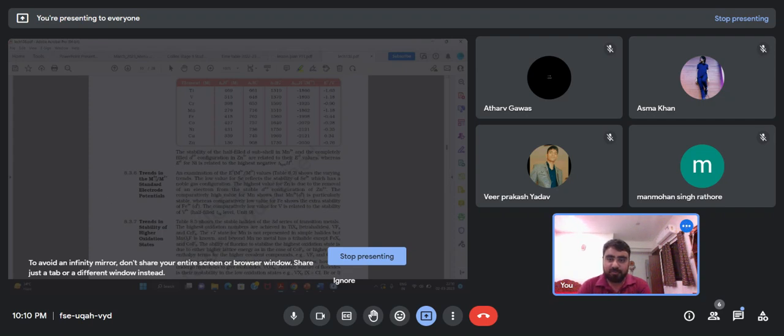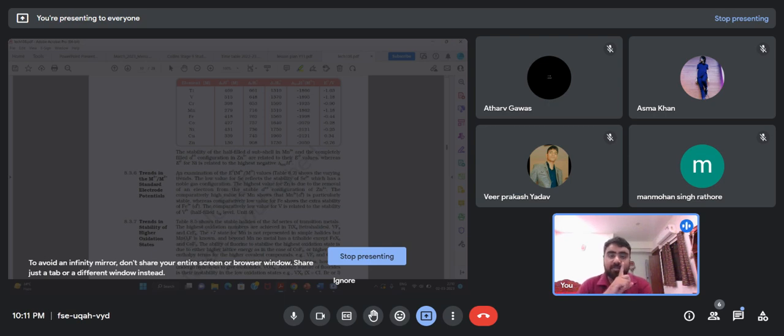Same is for the M3+ to M2+ standard electrode potential. Now you need to provide one electron. It means an element in the plus 3 oxidation state will accept one electron to become the plus 2 oxidation state. So same thing. Here also electronic configuration will be taken into account. If an element wants to go from M3+ to M2+, then in M2+ the electronic configuration of the element should be a stable electronic configuration.